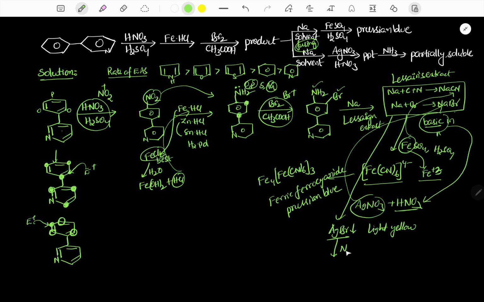Now when we add ammonia, it is partially soluble. So one is the test for nitrogen, one is the test for halogen. For the test for nitrogen, cyanide formation is compulsory. That means carbon is compulsory.